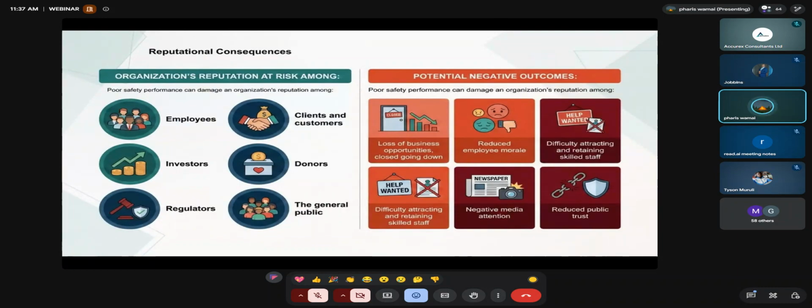Because if they know that somebody died on a specific construction site, many people will not be comfortable visiting. Maybe a customer will not be comfortable visiting, or an employee will shy away from such a construction site. Poor safety performance can damage an organization's reputation, which is going to reduce public trust and obviously affect the financial capabilities of that company.